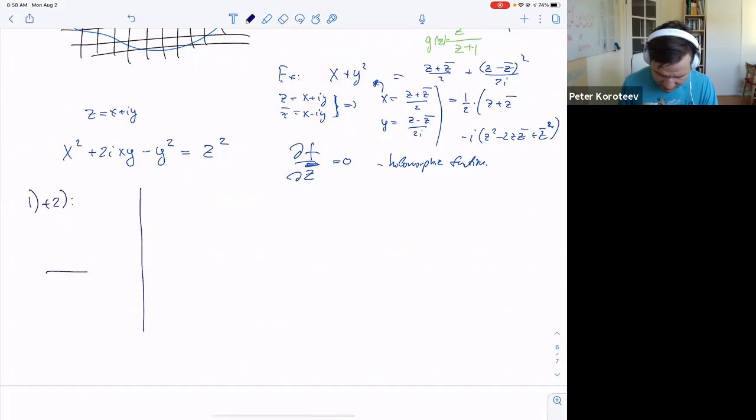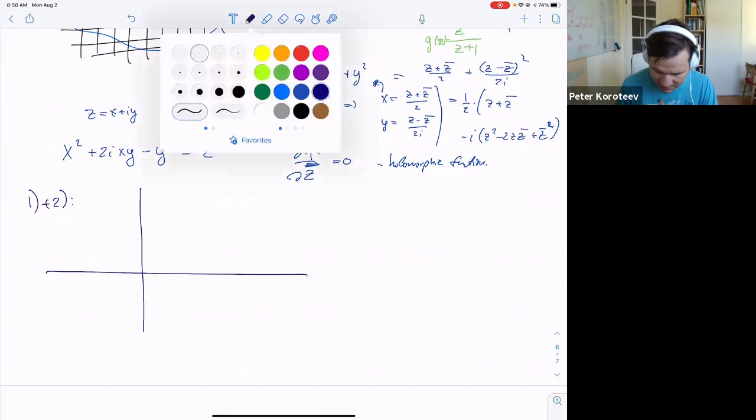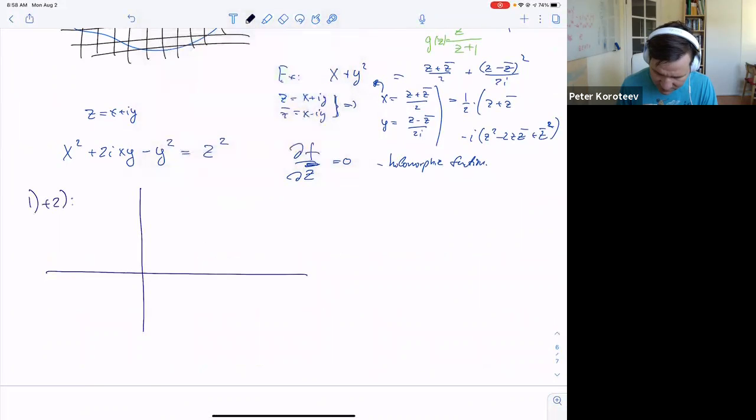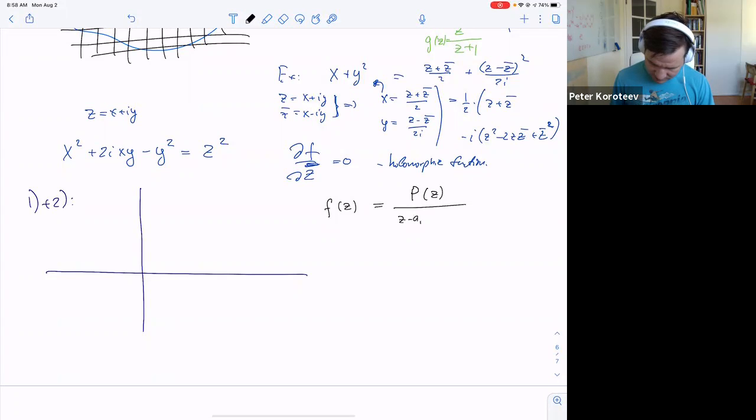So say you have a rather complicated function. Let's just write a rational function for simplicity. So say you have some polynomial of z in the numerator, divided by some factors, so there are some poles: z minus a1, z minus a2, z minus a3, where a1, a2, a3 are just some complex numbers.